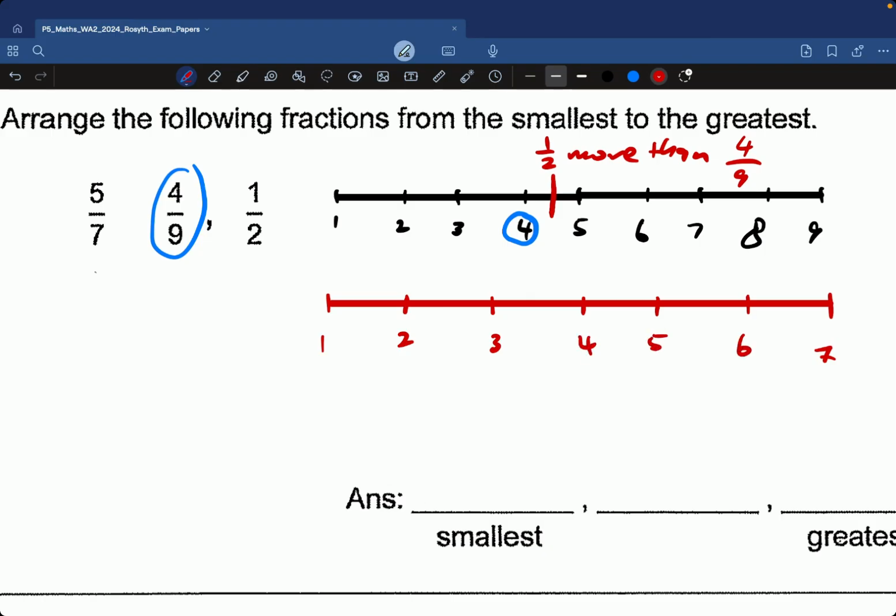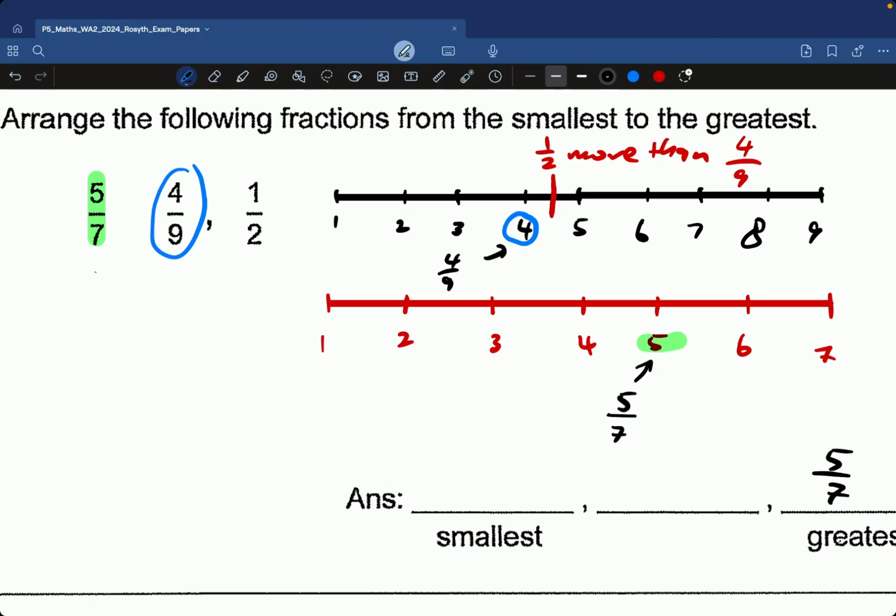And 5 essentially is over here. So I'm gonna put another color, maybe a highlighter instead, and I'm gonna put green. So 5 over 7 is actually here. This is 5 over 7, and this is 4 over 9. So you can see which one is the bigger one, 5 over 7. So that means the greatest one is 5 over 7.